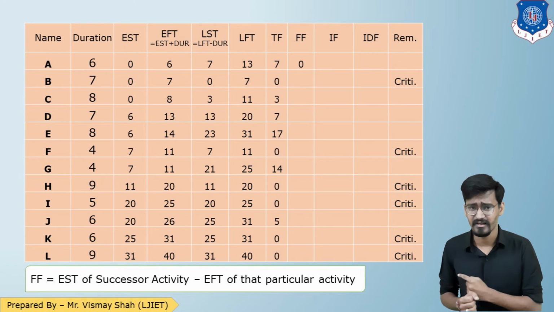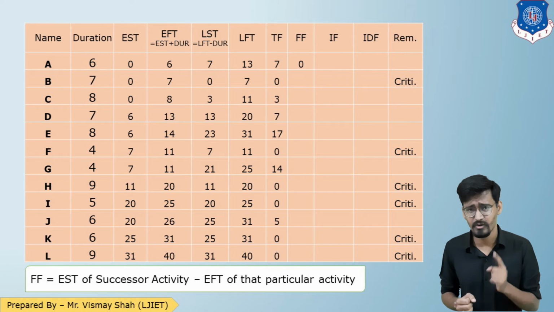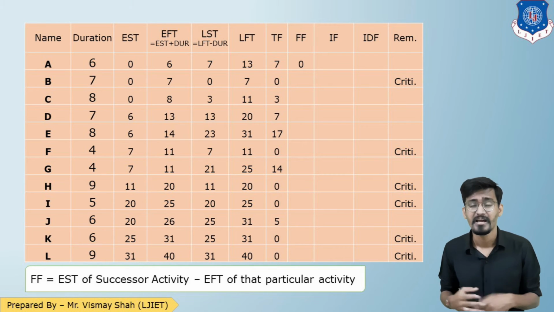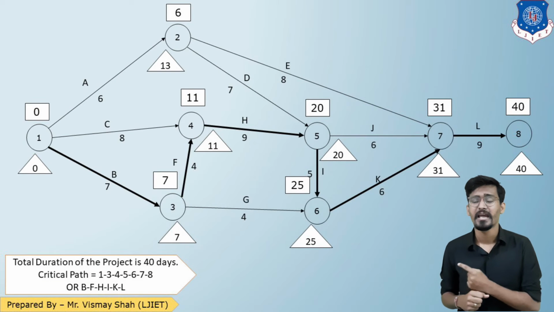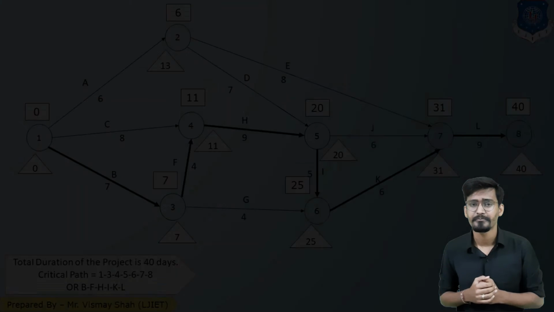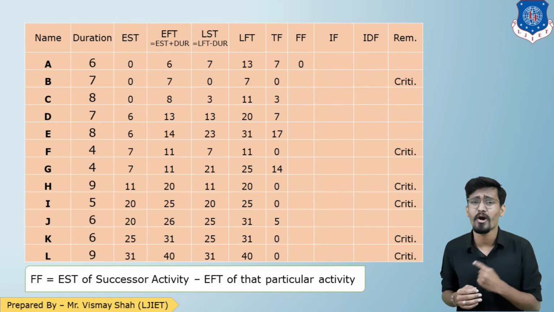Let us come back to the table. So EST of D and E are 6. So I can take any value, both values are the same. So 6. EFT of A, 6. So 6 minus 6, 0. Now let us see for B. So for B, as you can see in the network, F and G are coming out. So let us see the EST of them. EST of F and G are 7.